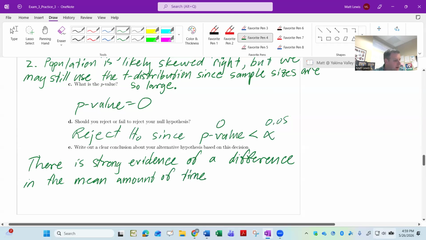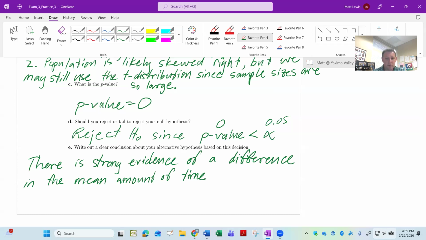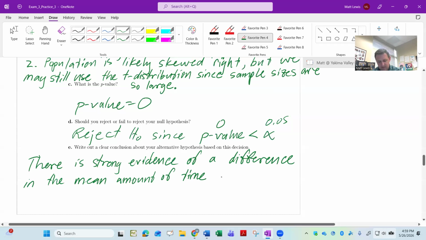And these are for, I guess, for youth, right? So we should be, in our conclusion, clear about that. Mean amount of time female and male youth spend playing video games per week.